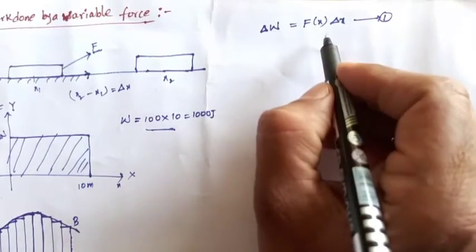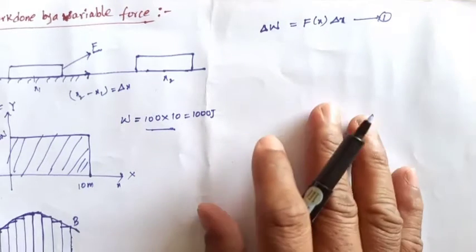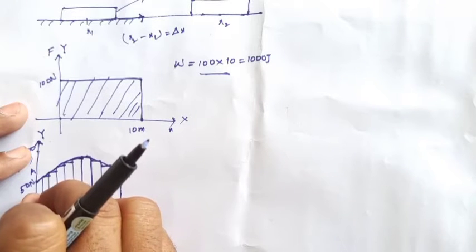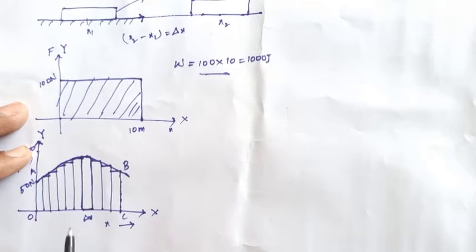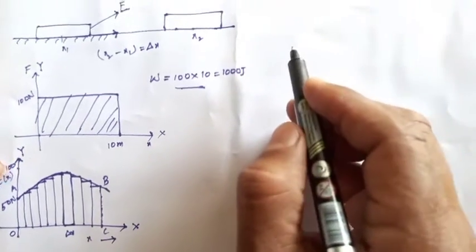The total work done is the sum of the areas of all the strips. It is the total work done.